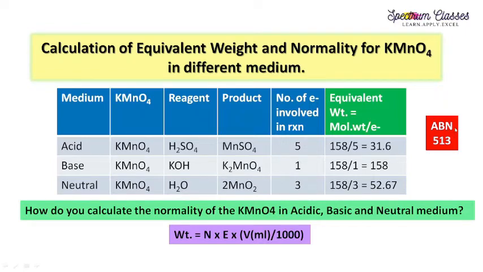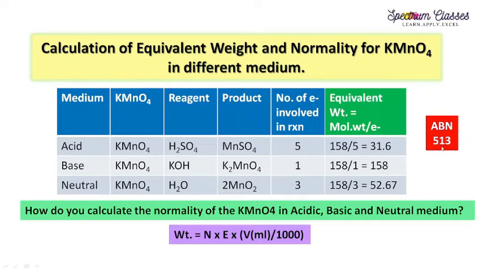One important thing from a competitive point of view: this question, or sometimes an objective question, is asked from this table. So how are you going to memorize this? Suppose KMnO4 is a person and it has a vehicle, and the number plate of that vehicle is like this. So how do you memorize? Here A stands for acid, in which change in oxidation state of Mn is 5.